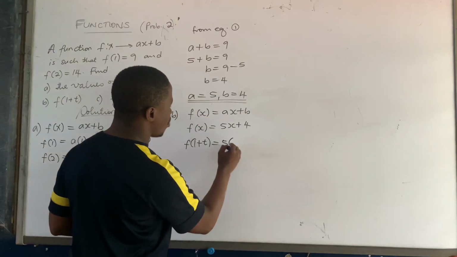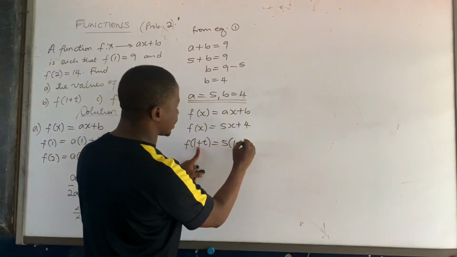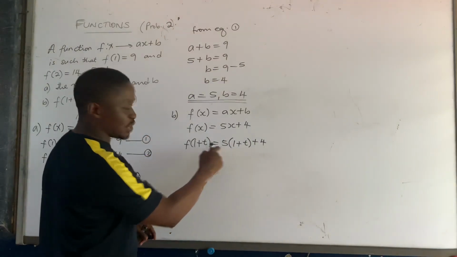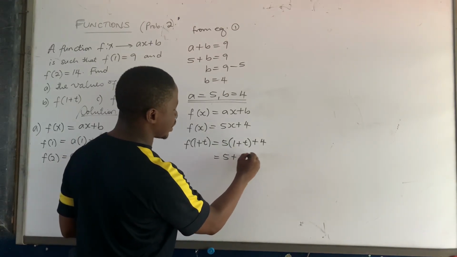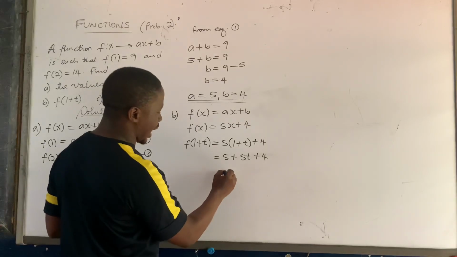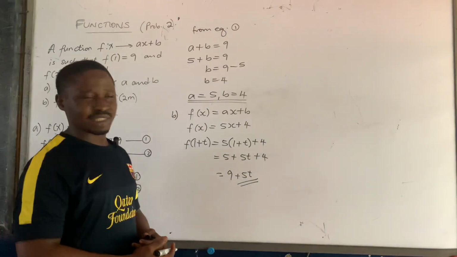So 5 multiplied by 1 plus t, plus 4. 5 multiplied by 1 is 5, and 5 multiplied by t is 5t. So 5 plus 4 is 9, plus 5t. This is what we get.